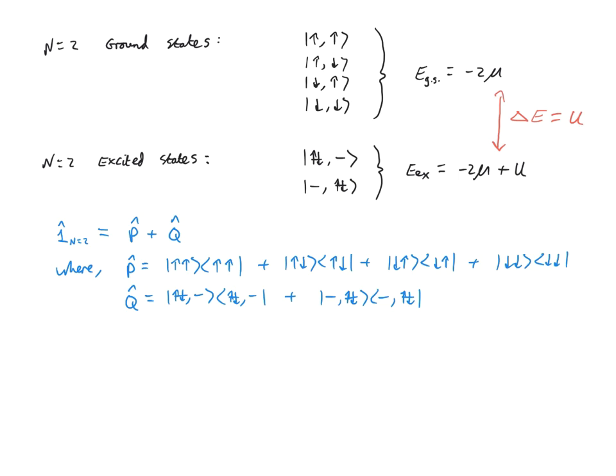And as I mentioned, because the Hamiltonian commutes with the total charge n hat, we can say that the Hamiltonian conserves the total charge, and therefore we can solve the Schrödinger equation separately for each n.